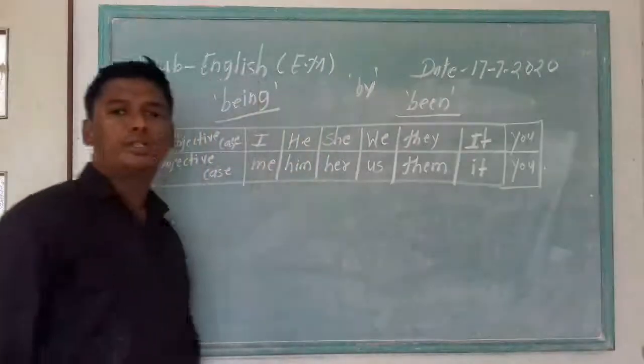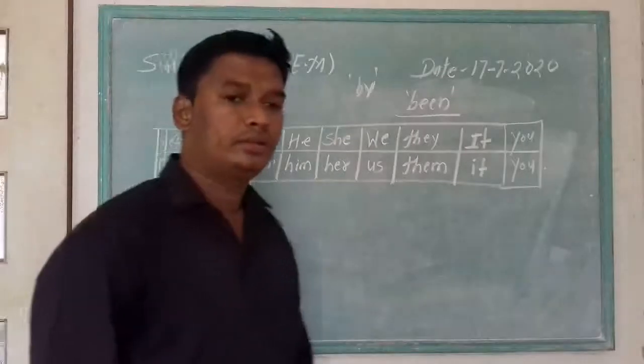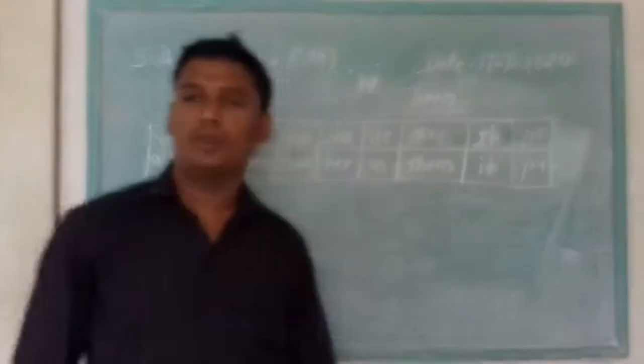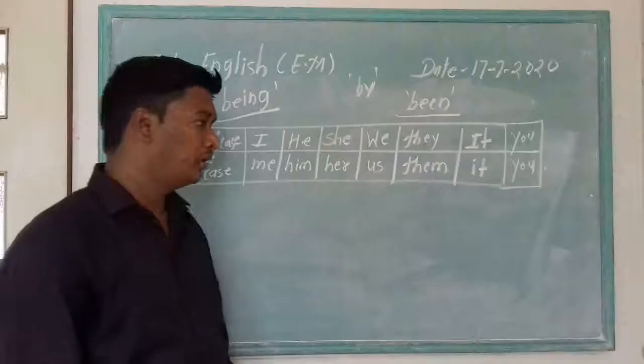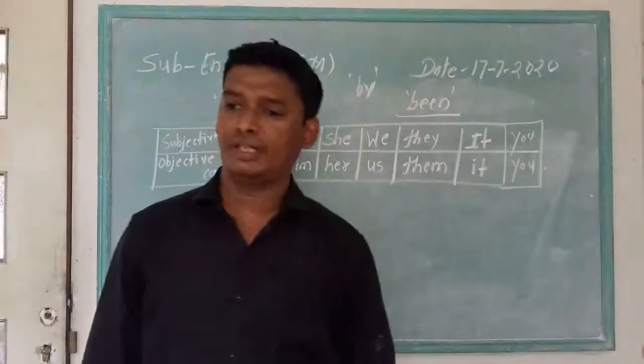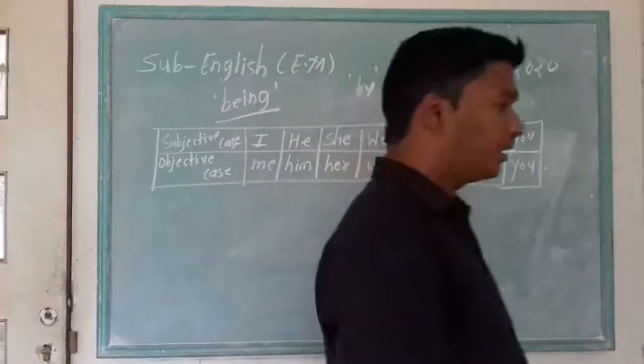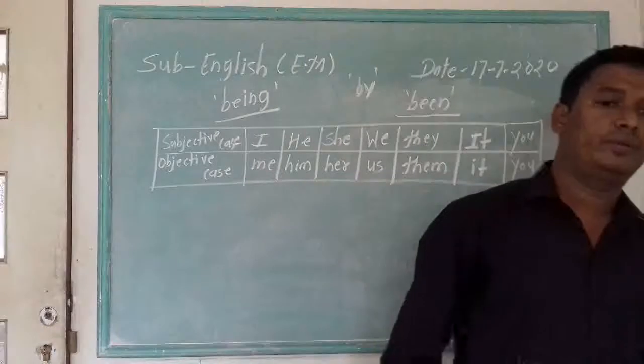Put being after the auxiliary verb in the PV sentence.